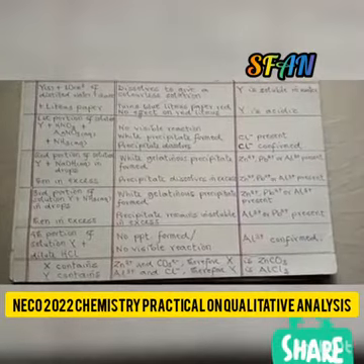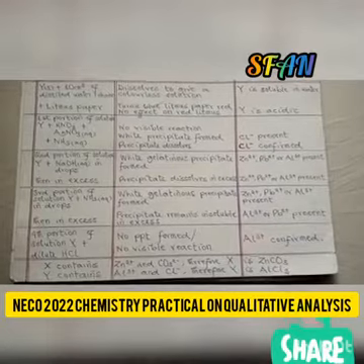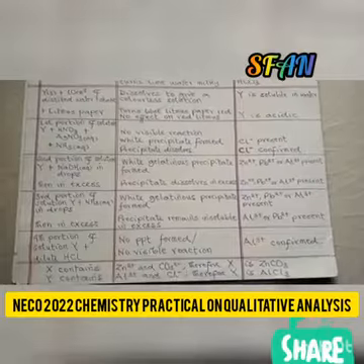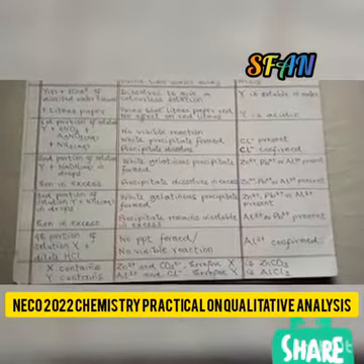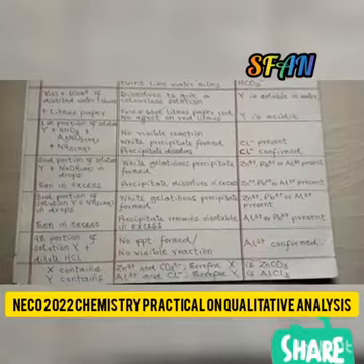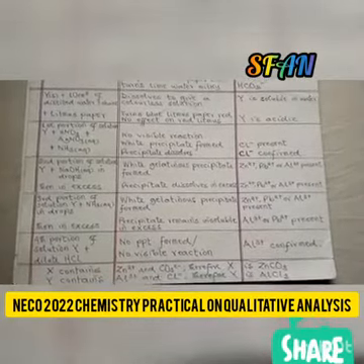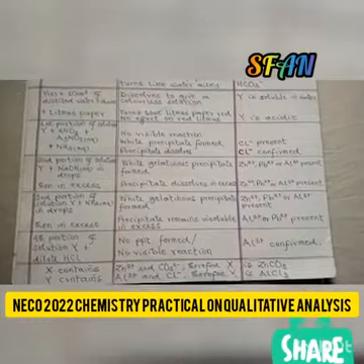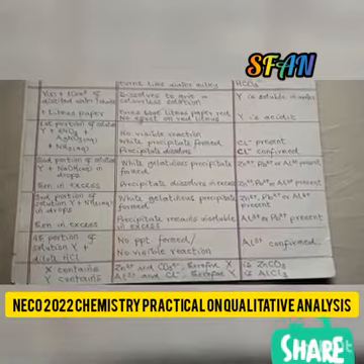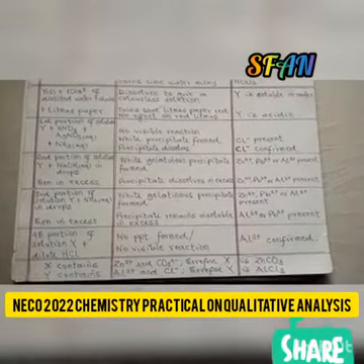And then when we added the aqueous ammonia in excess, we observe that the precipitate remains insoluble in excess, and our inference is that Al³⁺ or Pb²⁺ is present. Some people can report only Al³⁺ present here because lead does not form a white gelatinous precipitate, rather it forms a white powdery precipitate.